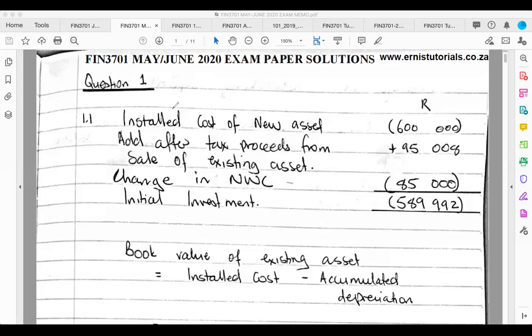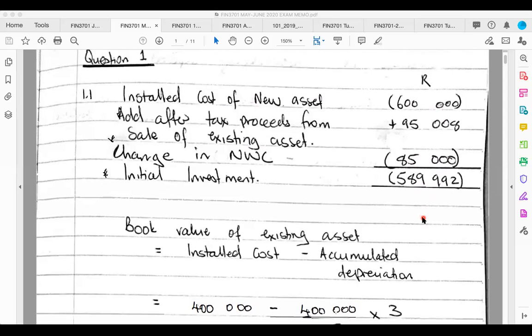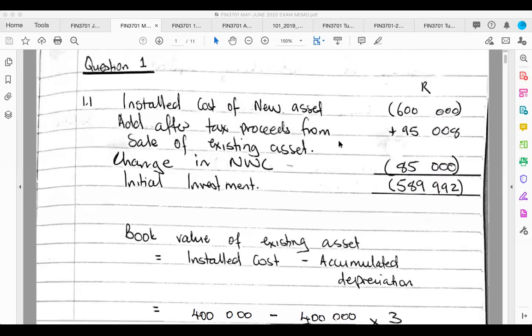So let's go through calculating the installed cost of the new asset, the after-tax proceeds from the sale of the existing asset, and the change in net working capital. We'll look at those individually. Okay, so I was saying we would have to then factor in all these items to then calculate the initial investment. So let's look at each of those.